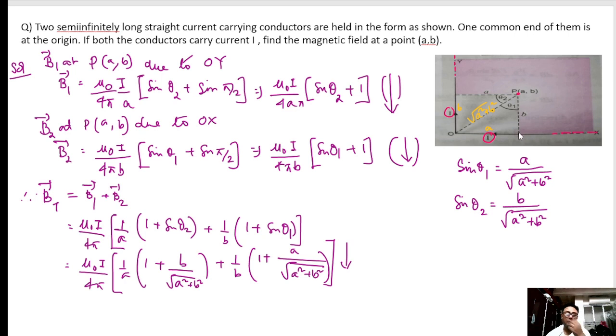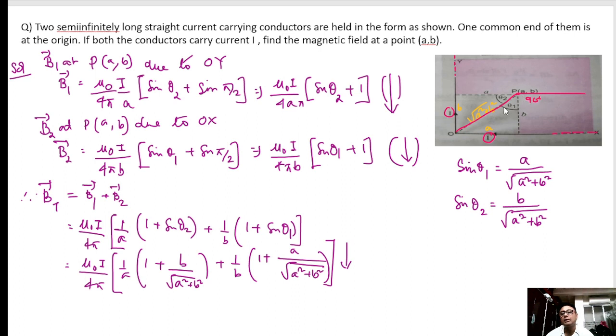Now for a semi-infinite wire, please watch this angle at a distance of B. The two ends: one is here and one is infinite, which will make 90 degrees.